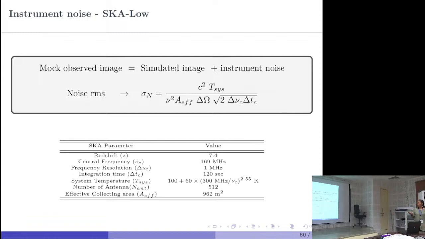Right now, our analysis is done with only one redshift; doing it for different redshifts is going to add much more. So one redshift, which is 7.5. Why did we choose this?